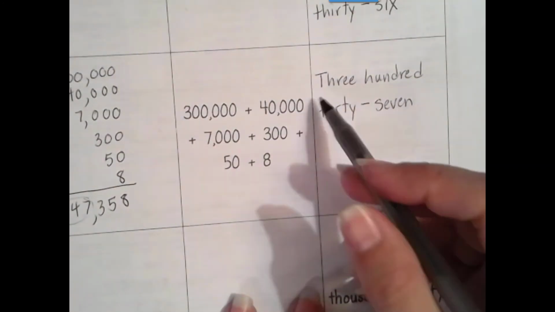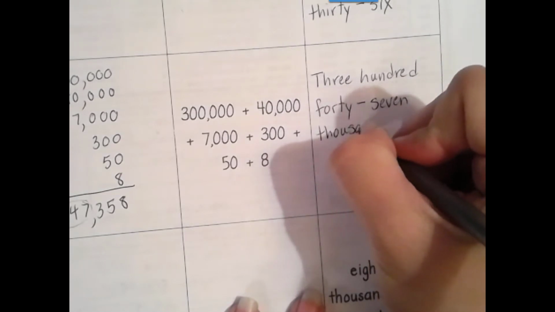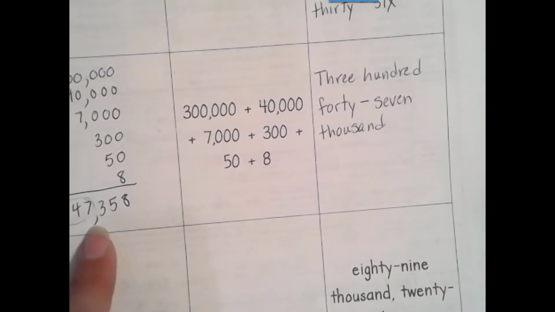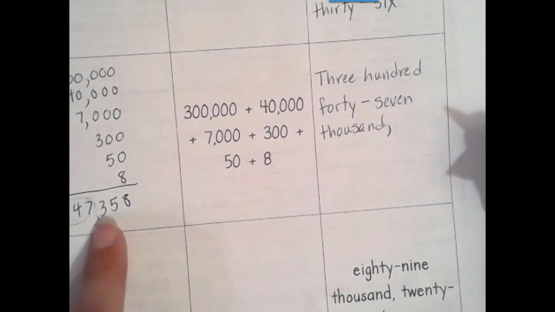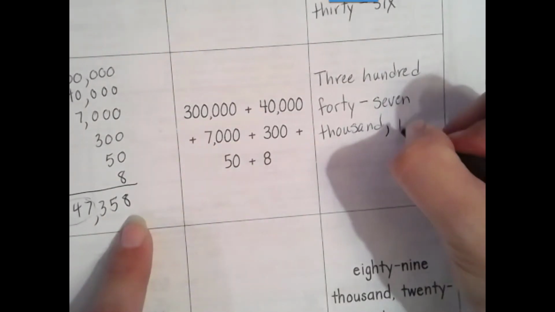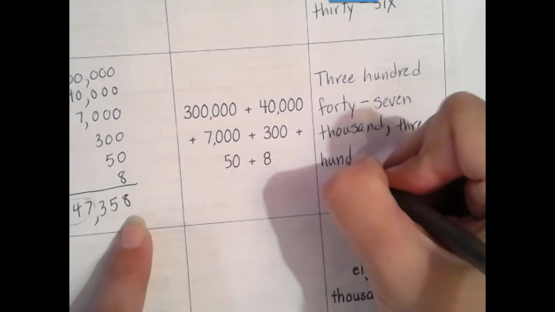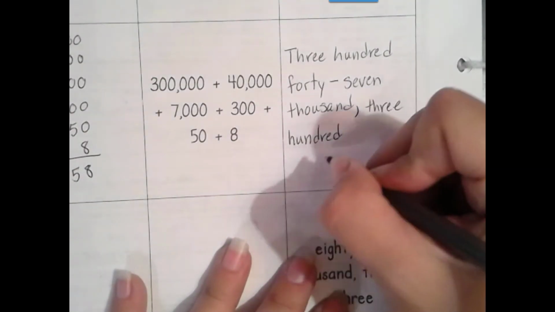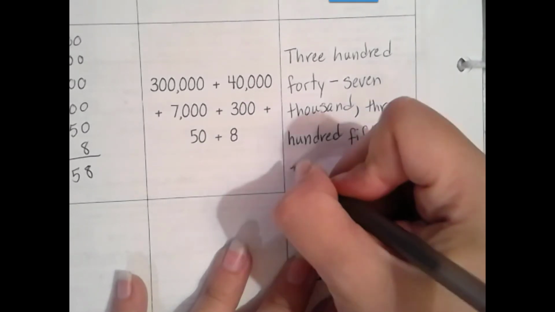So it's kind of like the last name, 347,000. And just like in the standard or base 10 numeral form, we put our comma. Okay, and then we do the second part, 358. 350 hyphen 8.